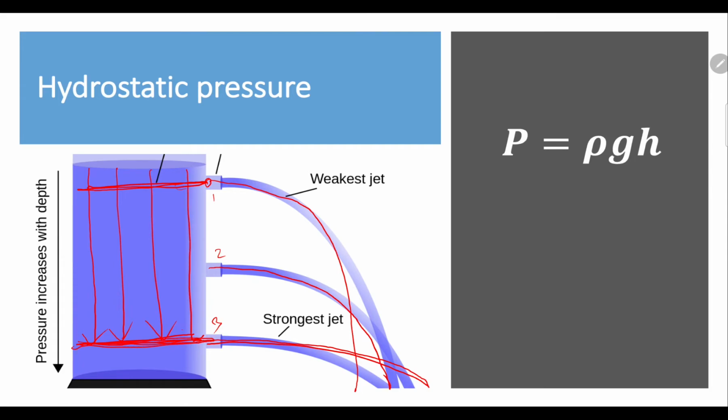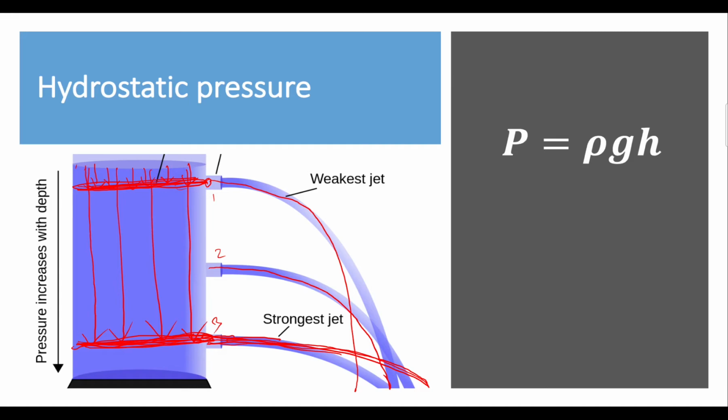That is what is creating a lot of pressure on this particular layer, so that it comes out as the strongest jet. Whereas here, the amount of water that is exerting pressure on this layer is comparatively less. That is the reason why it happens.